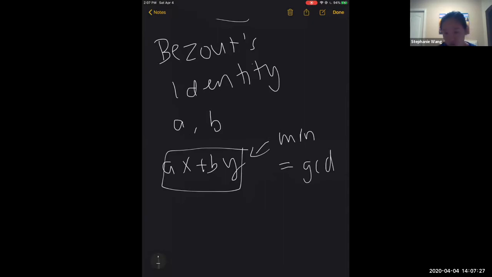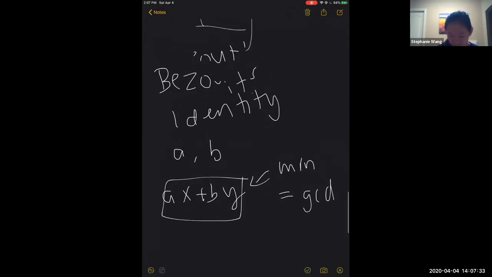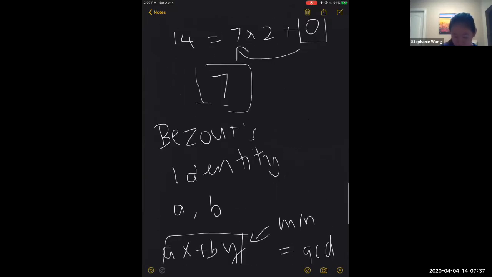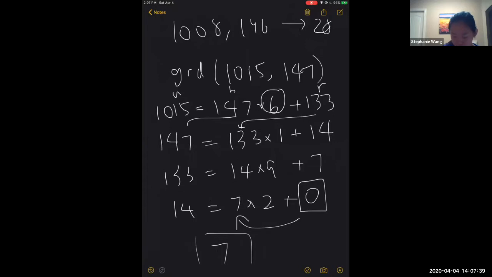Oh, for the Euclidean algorithm, I guess I can explain it again. Basically, you take the greater number, divide it by the smaller number, and find the remainder. So here we have 1015 equals 147 times 6 plus the remainder. Then we take what we had for b and make it a.